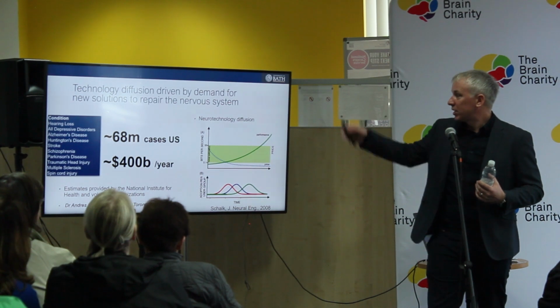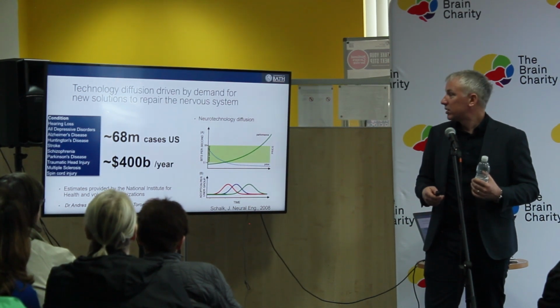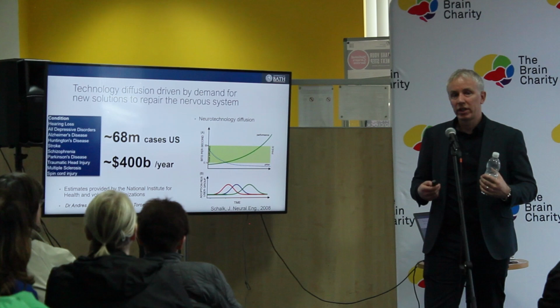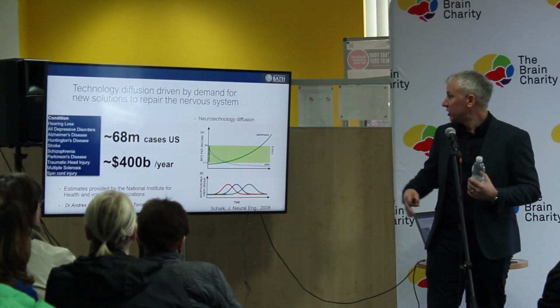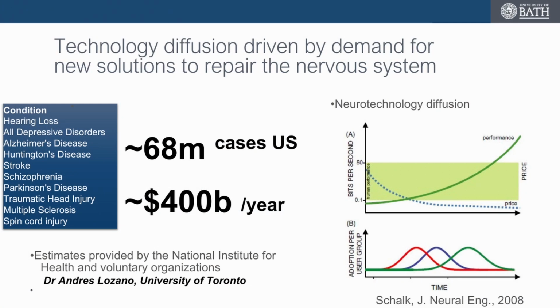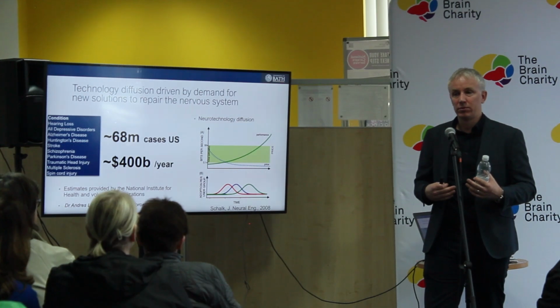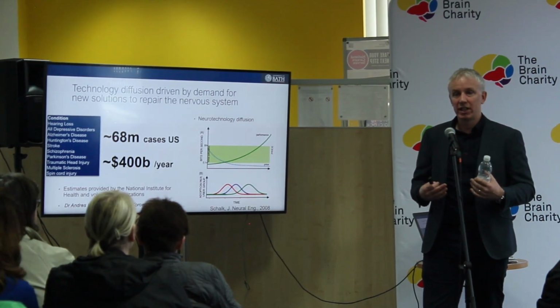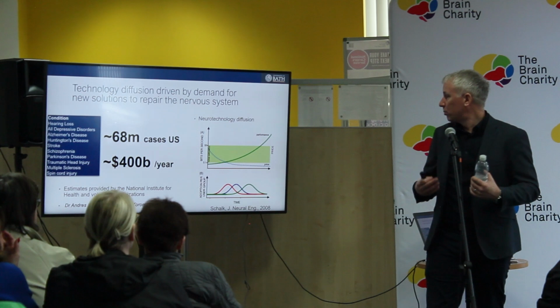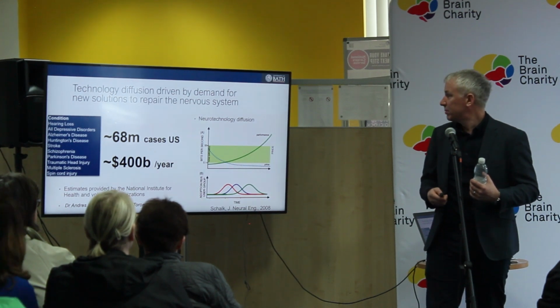And there's a lot of other conditions that I haven't talked about here that could benefit from neurotechnologies in general. And following the law of accelerated returns, these technologies are becoming more accessible, cheaper, and there are more and more user groups adopting them over time.